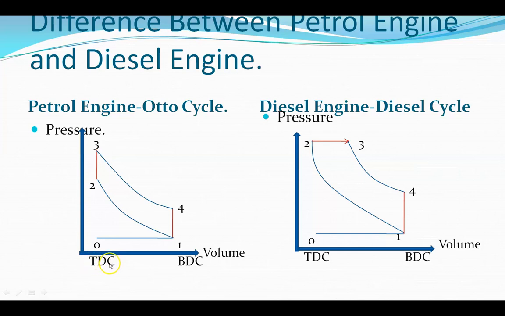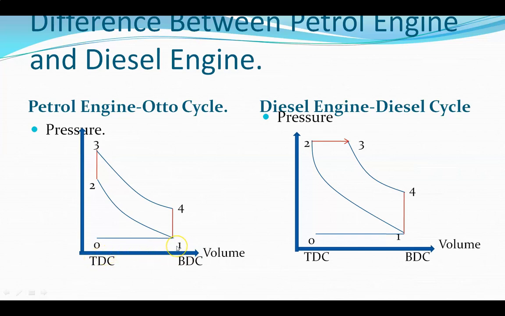TDC is the highest distance traveled by the piston in a stroke, and BDC is the bottom dead center, the lowest distance traveled by the piston. This one is top dead center. When the piston moves from 1 to 2 to this point 0, or from 0 to 1, it has covered a stroke.